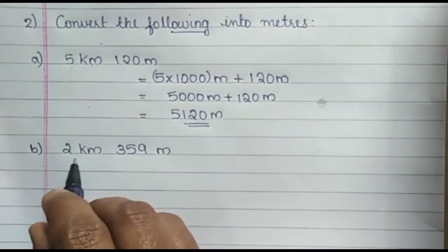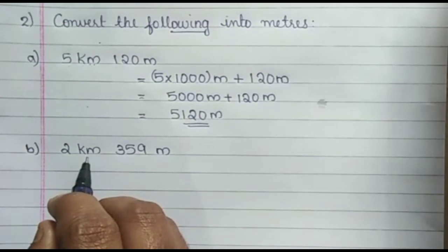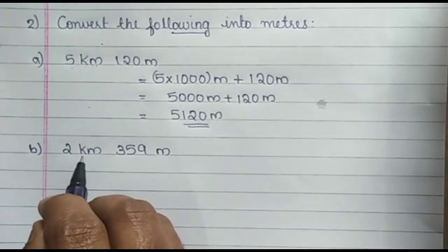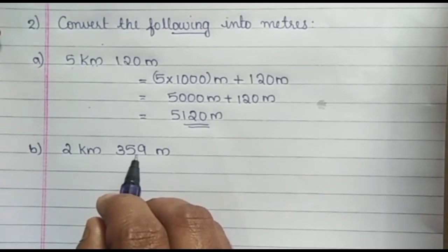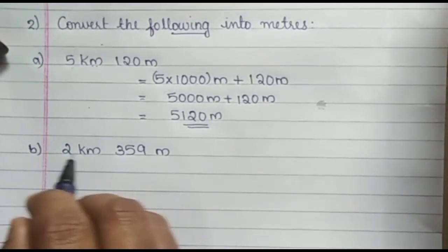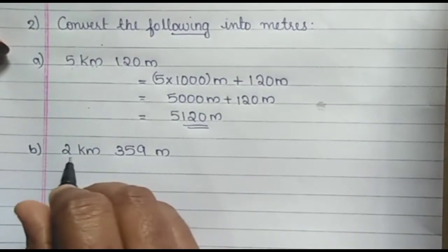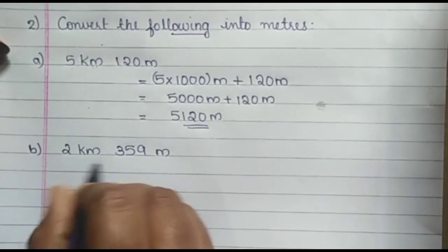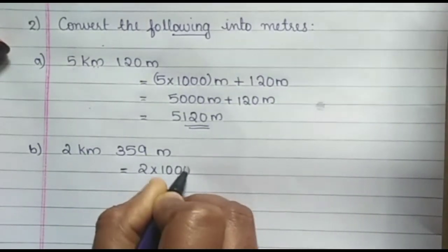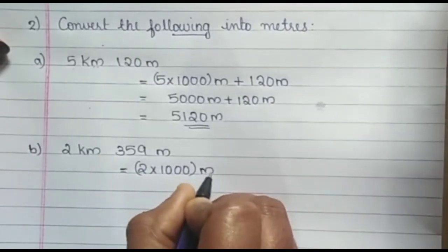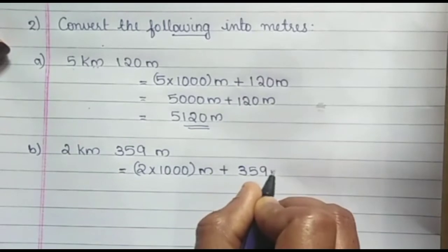Next question is 2 kilometers, 359 meters. To convert the given numbers into meters, first we should convert kilometers into meters. Then we should add 359 to this answer. For that, first we can convert 2 kilometers into meters by multiplying 2 by 1000. So we can multiply 2 into 1000 meters plus 359 meters.